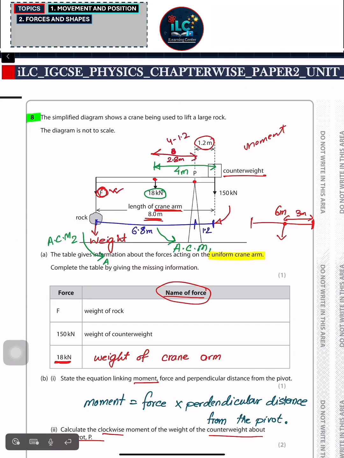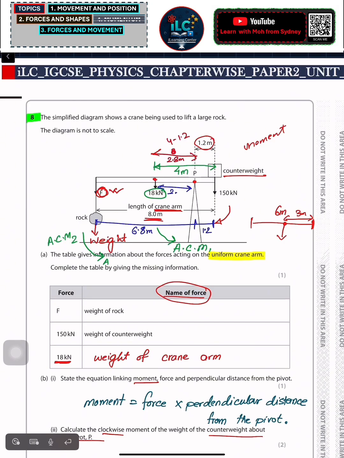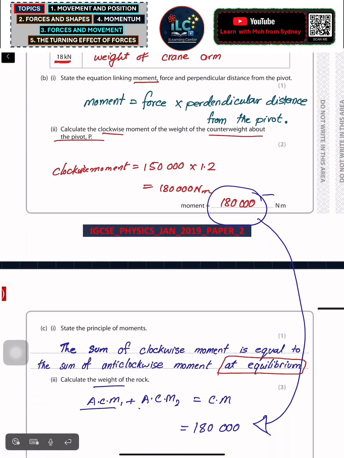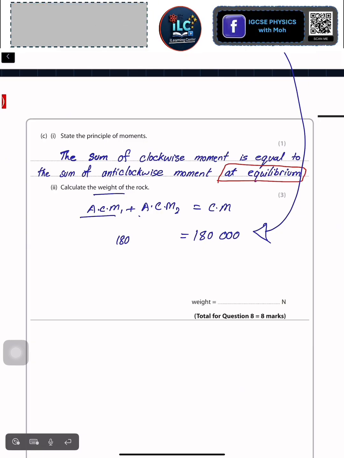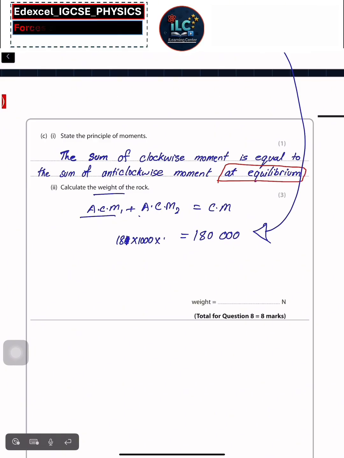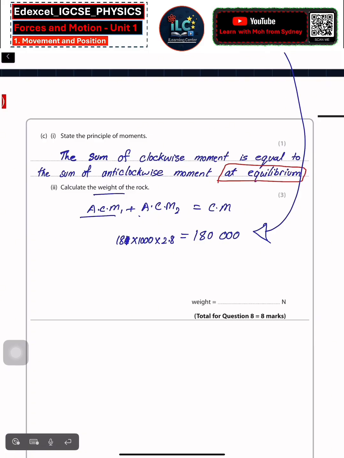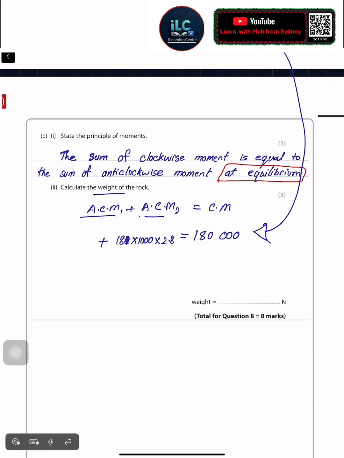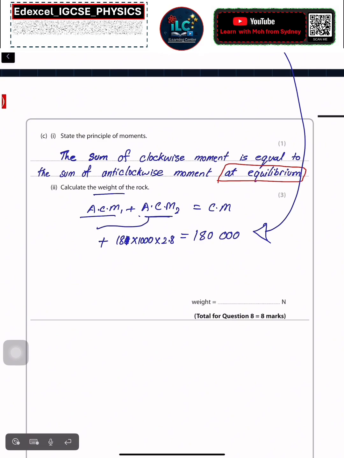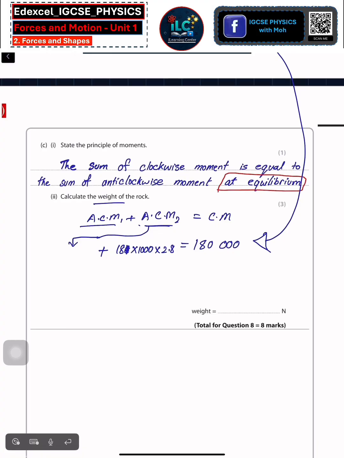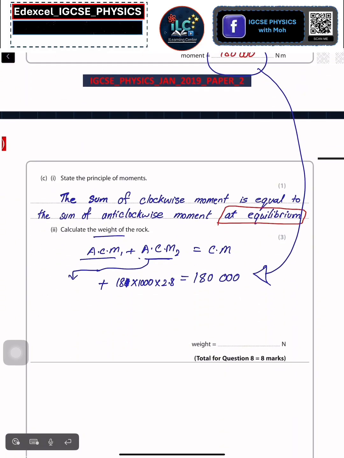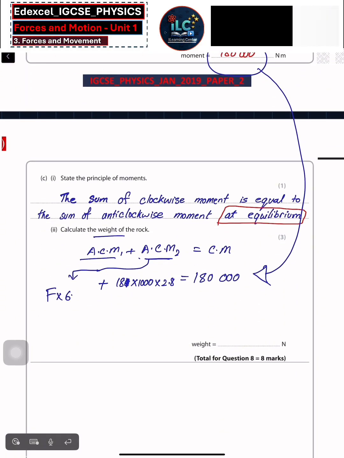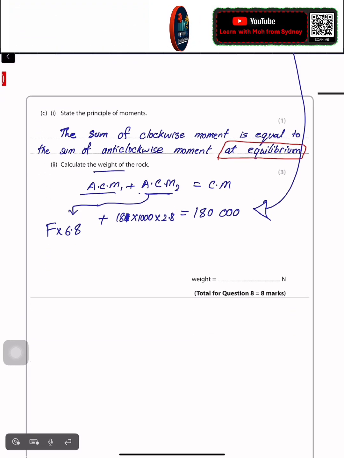This distance is 2.8 times 18 kilonewton, so 18 times 1000 to remove the kilo, times 2.8, plus we have anti-clockwise moment 2 as well, which is this force F times 6.8. If you do the calculation, it should be very easy.